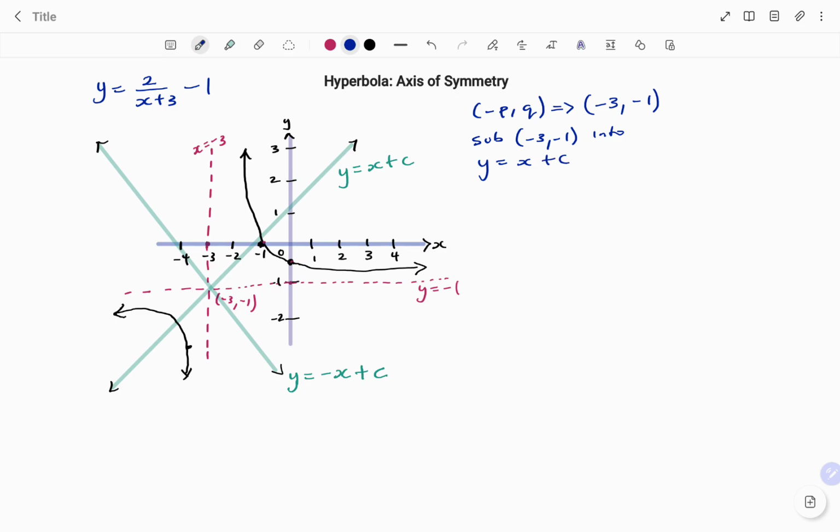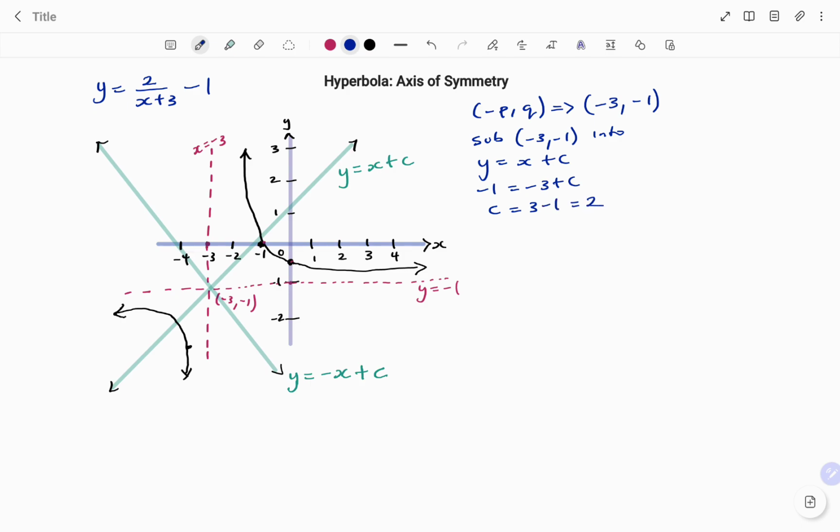Here we have y to be minus 1 and our x minus 3 plus c. Therefore our c equals, we take minus 3 to the other side, it becomes positive. So that's 3 minus 1, our c will be 2.